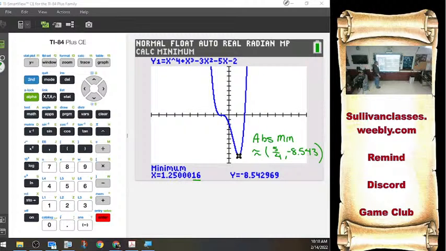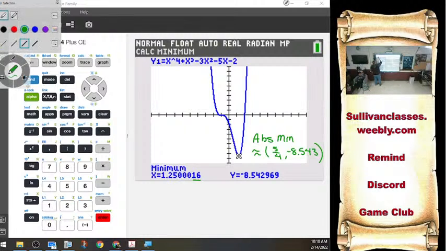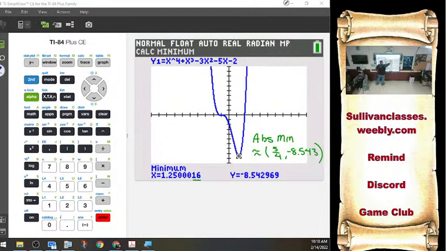How do I know that this is actually the lowest? How do I know that there isn't a continuation of the graph back here off screen? Look at the equation, look at the graph. Remember your training, young Jedi. X to the 4th.